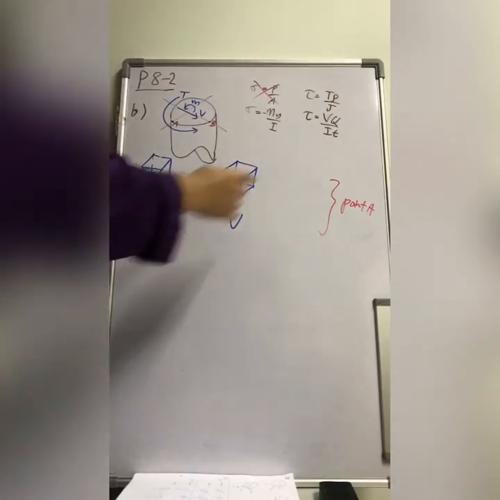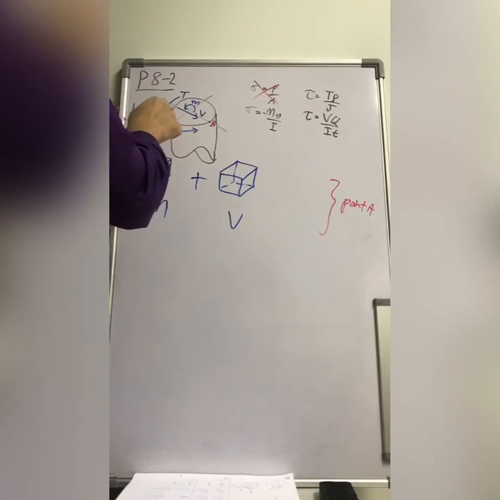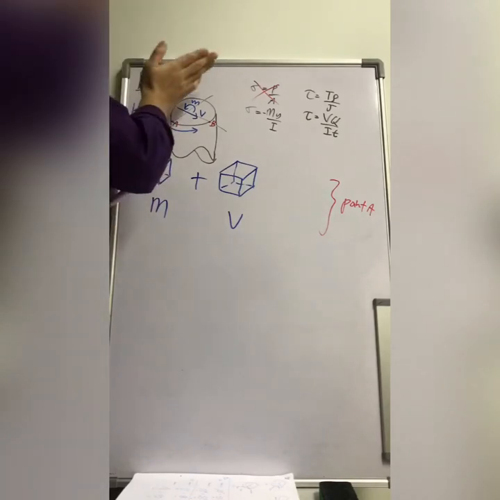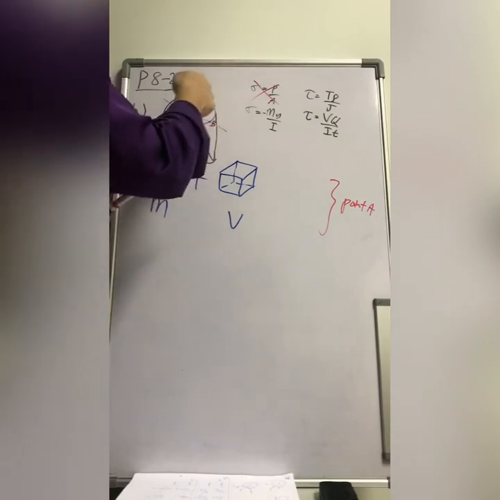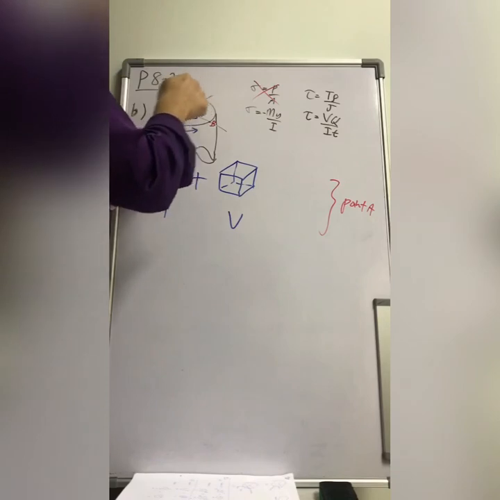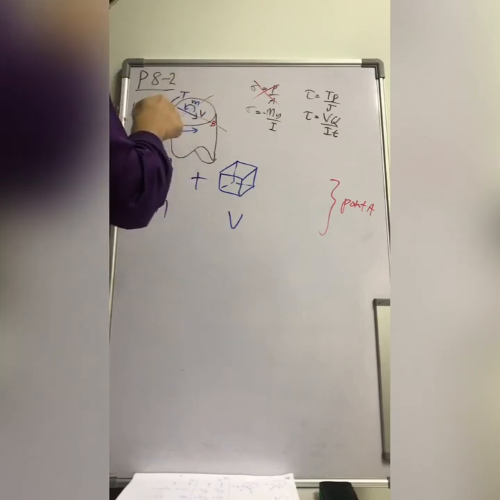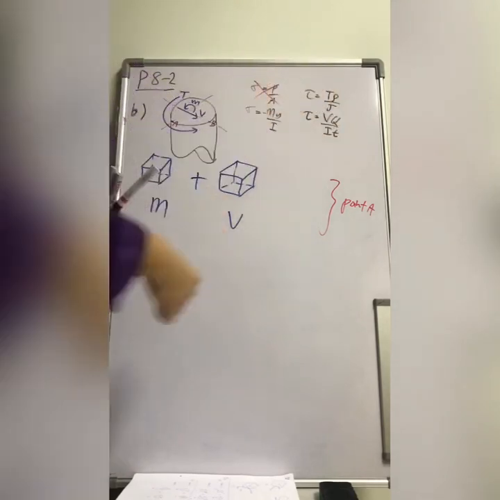The answer is, look at the equation, look at Q. For A, you have maximum of Q, because for this V, the neutral axis is this one, and point A is along the neutral axis, so Q is the maximum.